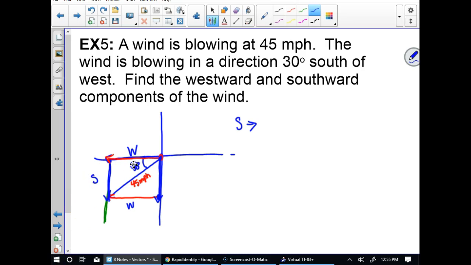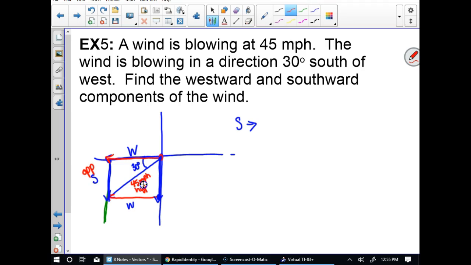So south, if I know this is my 30-degree angle here, then Lyra, south, is that my opposite, adjacent, or hypotenuse? What is opposite? Good. And Lyra, what about the 45? I've got to use it because it's the only side I know. Is that opposite, adjacent, or hypotenuse? It's hypotenuse.